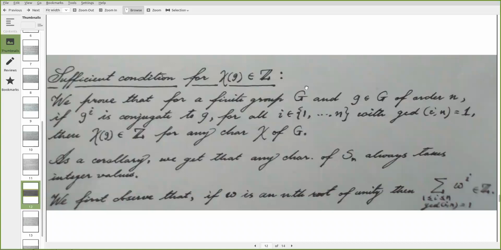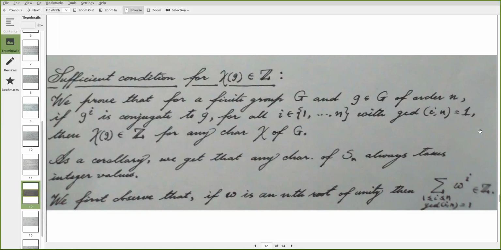So this is what we will prove: for any finite group G, if g is a group element of order n such that any g to the power i, where i is coprime to the order of g, is conjugate to g, then chi of g for any character chi will be an integer. So this is what we will prove now.